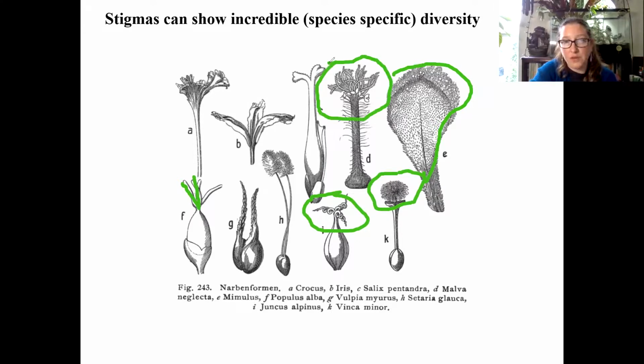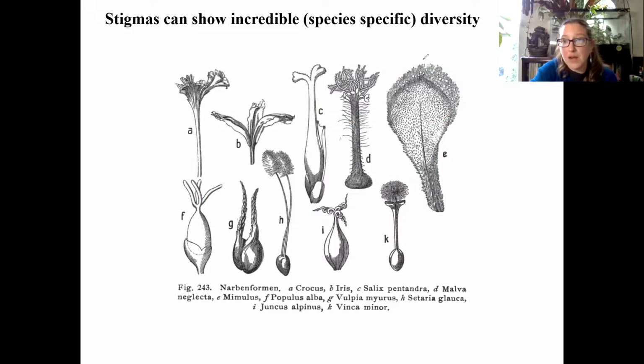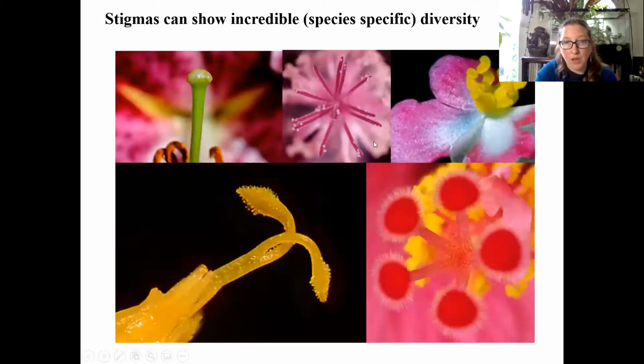So all different types of stigmas, but it doesn't matter what they look like. The point is that their job is to be sticky and catch pollen, and they do.